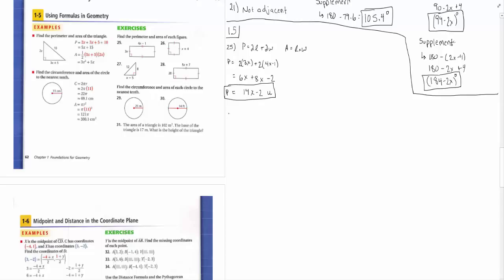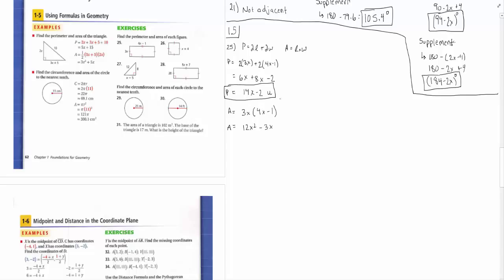For the area, it's length times width. So I'm going to go 3x times 4x minus 1 for my area. Same thing, we distribute. That's going to give me 12x squared, and then 3x times negative 1 is minus 3x. Just like before, we can't do much with that.